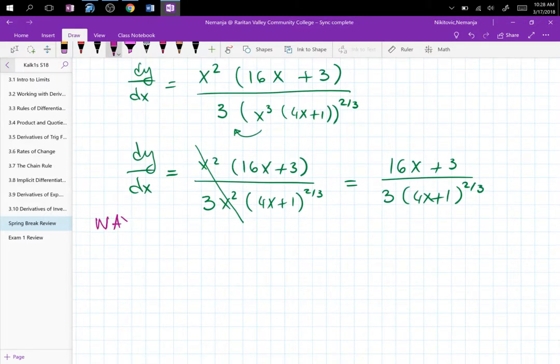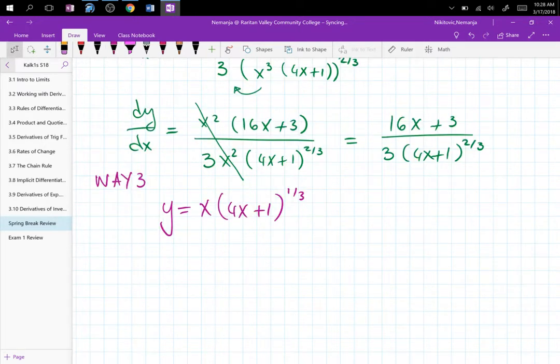For the way 3, the function is y equals x times 4x plus 1 to the 1/3. Well, the way 3 is technically just to write the answer out without doing any work, right? Let's use the logarithmic differentiation and be done in one shot without doing any calculations. That's the fastest way.